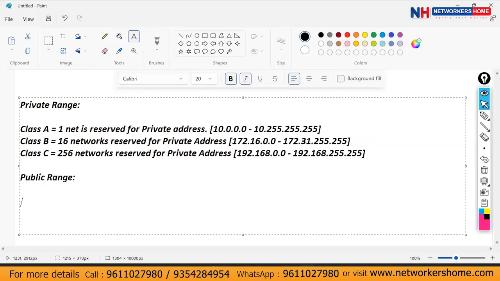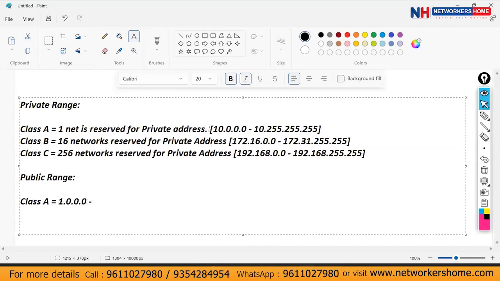The total range of class A is from 0 till 127. Now 0 and 127 we do not use, so 1 to 126. My first network will start from 1.0.0.0.